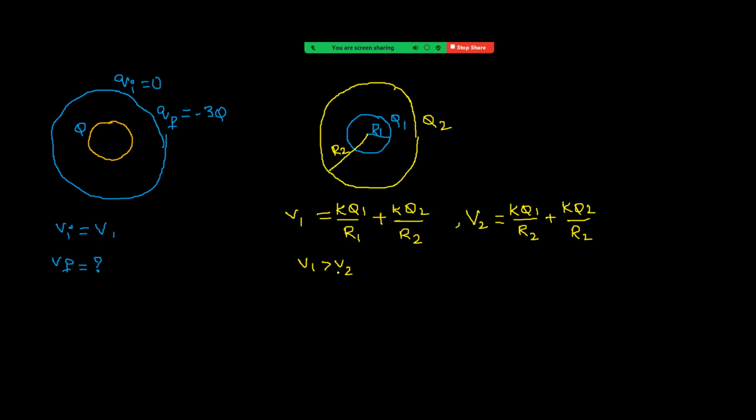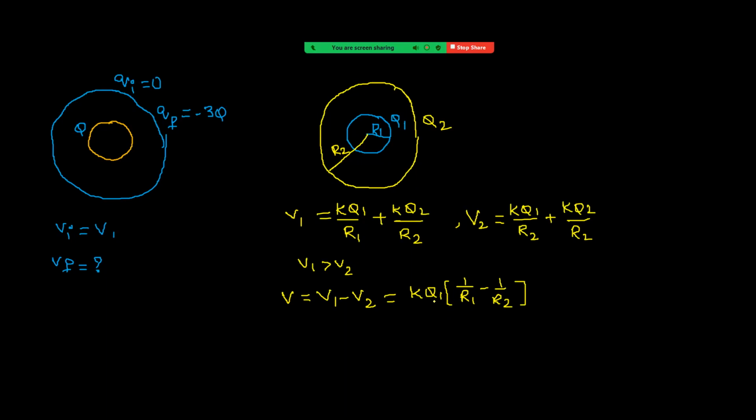Now see what the potential difference is. Let us call the potential difference V. So V equals V1 minus V2, which equals K Q1 into (1 by R1 minus 1 by R2). Now see this equation carefully. Here, the potential difference between these two depends only on the charge of the inner one.